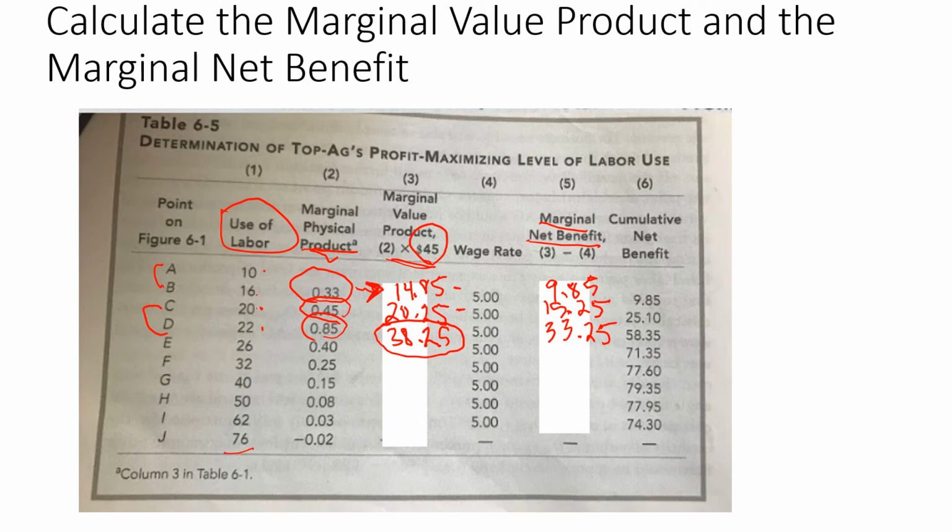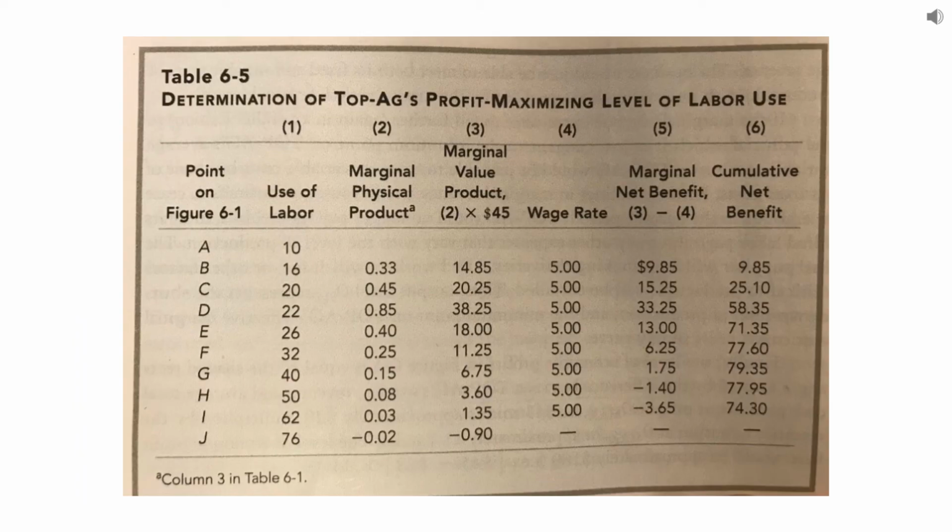So if you calculate all that out, we're going to see our marginal value product increases up to a point, and then it starts to decrease. And we can see where our net benefit is increasing.